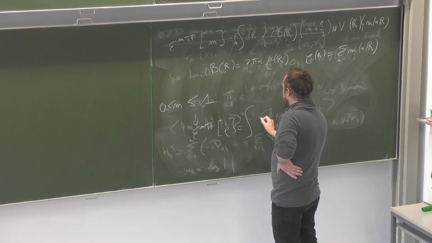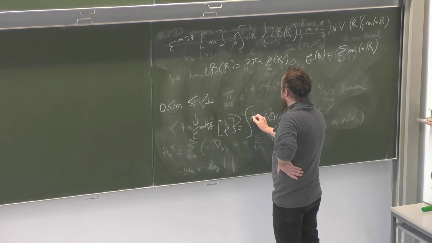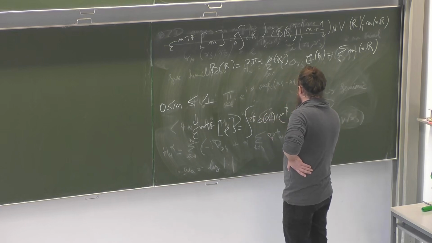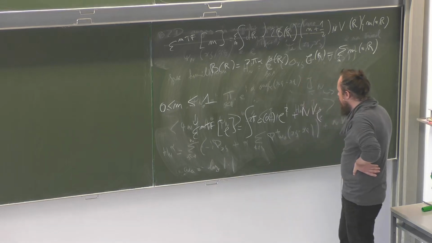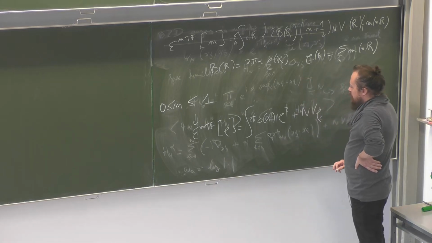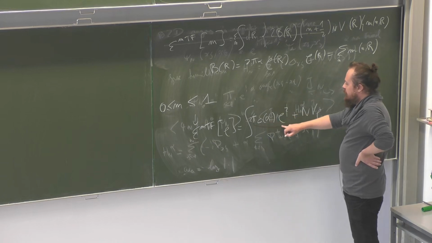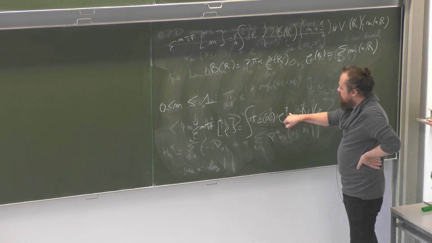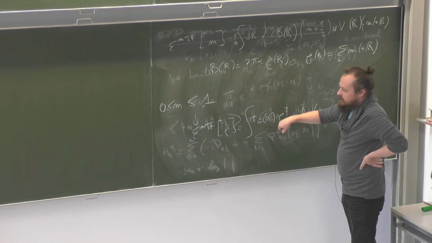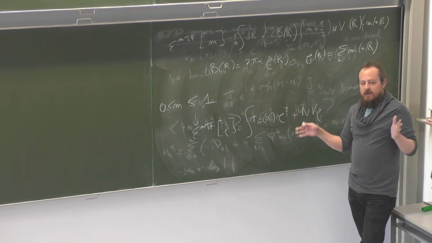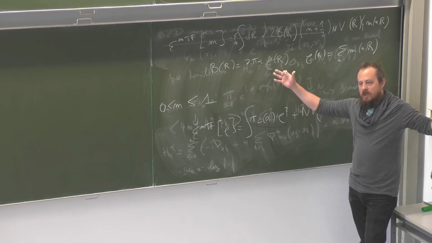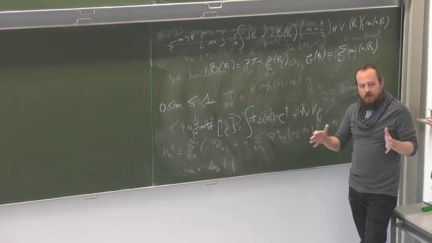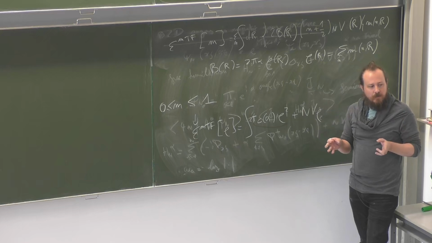For lack of time, I'm going to write it directly: 2 pi times a constant depending on alpha, rho squared, plus rho times the ground state energy of free fermions in the thermodynamic limit, in an integral dr. The density is rho, and the magnetic field is also rho.